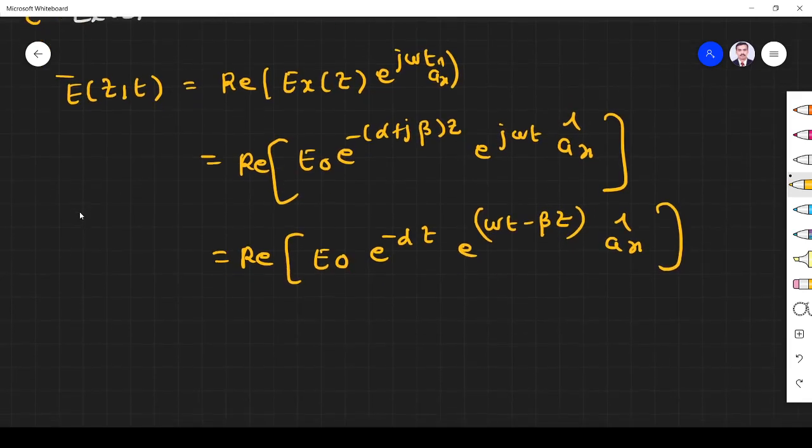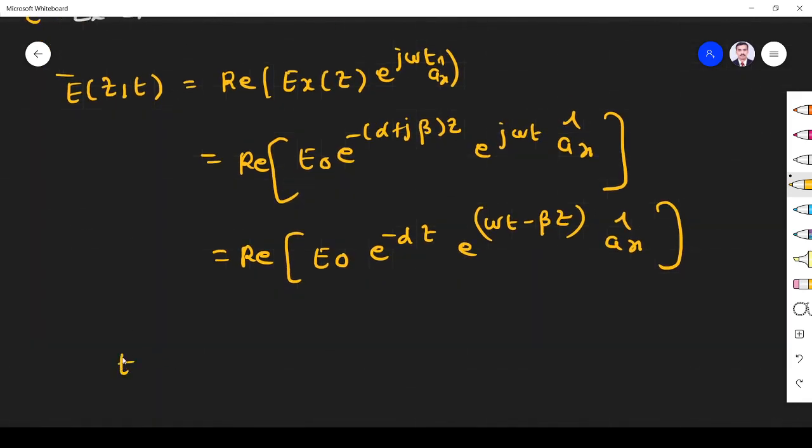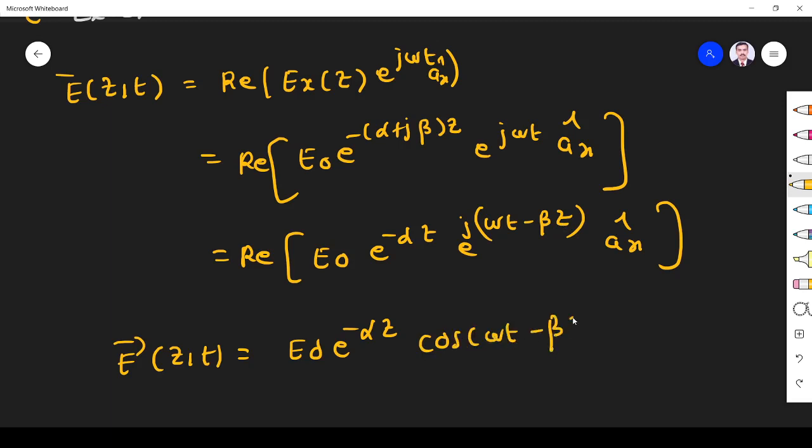So what is my E z of t? E z of t is given by the real part of E naught e power minus alpha z. What is the real part of e power j omega t minus beta z? It is cos of omega t minus beta z Ax vector.